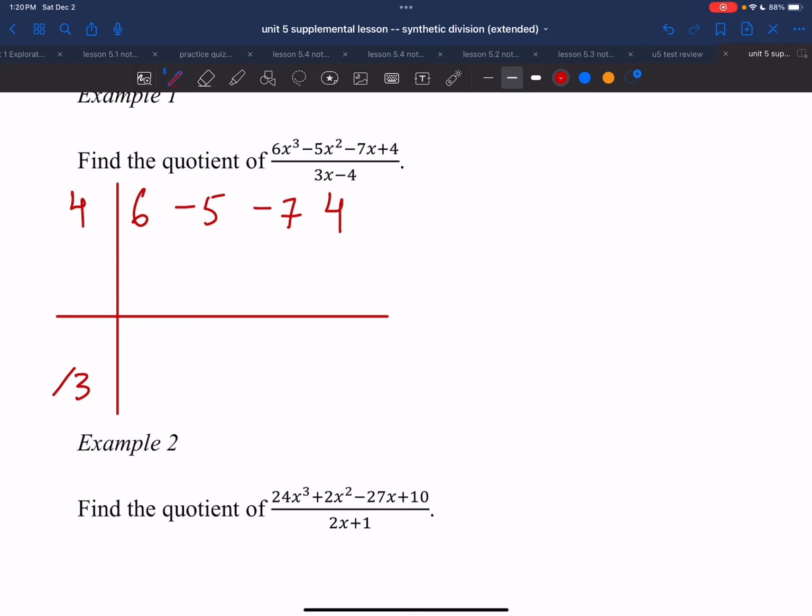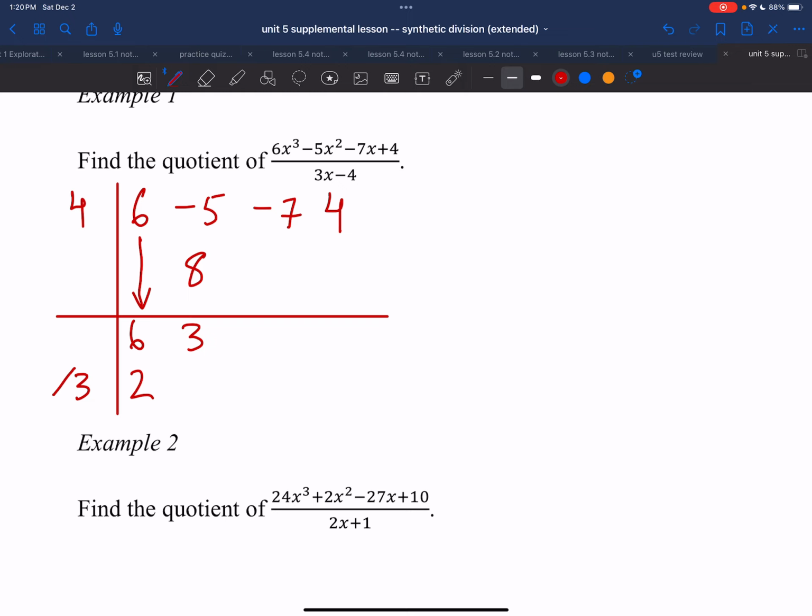So the first step's the same. You drop the 6, okay? But you're not going to do 6 times 4 and then put that here. You're going to divide 6 by 3 to get 2. And so once you have that, then you take 2 times 4 to put 8. So I got -5 plus 8, and that's 3.